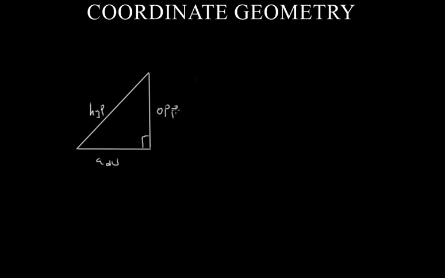And to find the hypotenuse we employed what is known as the Pythagorean theorem, which states that the hypotenuse squared equals the opposite squared plus the adjacent squared. Remember that?